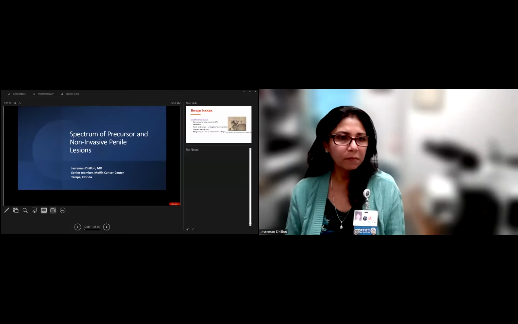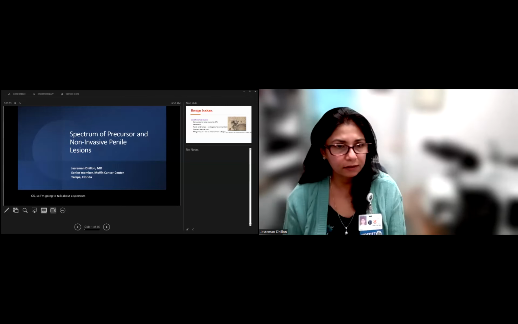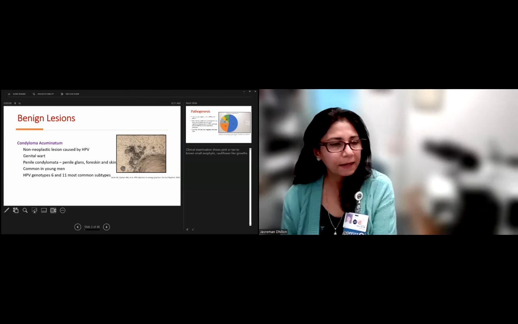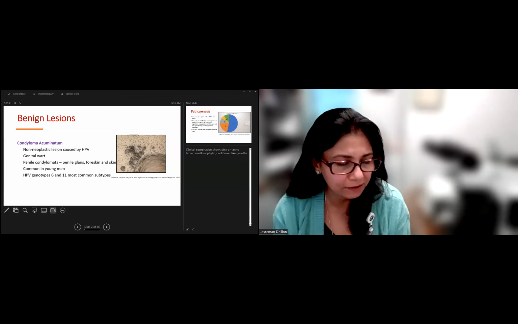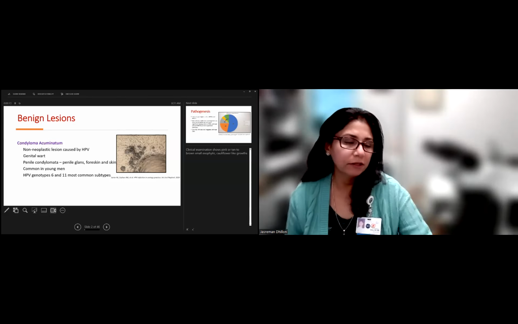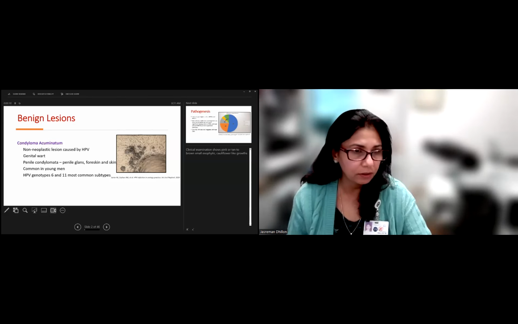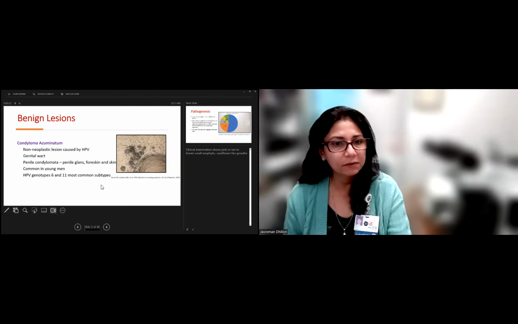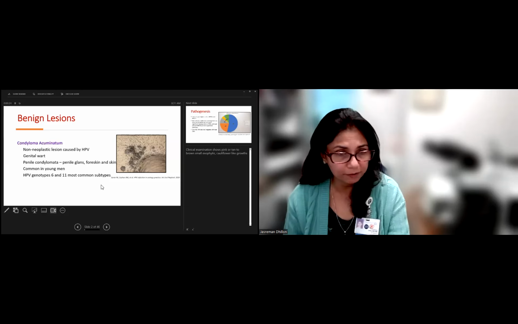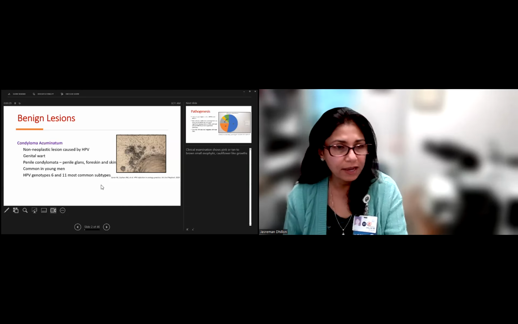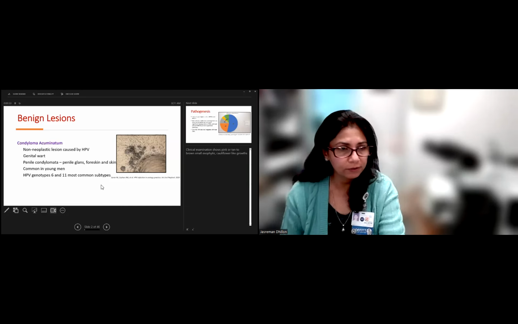So I'm going to talk about the spectrum of precursor and non-invasive penile lesions. I'll start with condyloma acuminatum, just to compare the histological findings of low-risk HPV compared to high-risk HPV. Condyloma acuminatum is a benign, non-neoplastic lesion caused by low-risk human papillomaviruses, commonly referred to as genital warts.